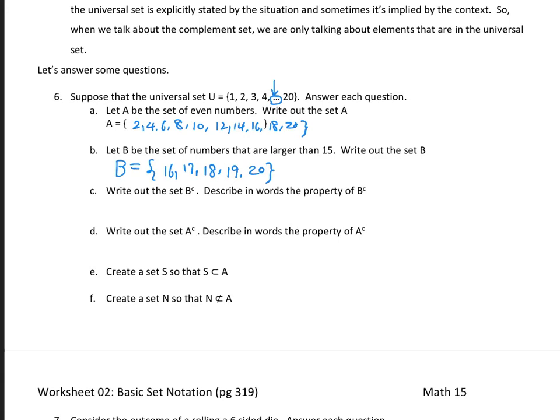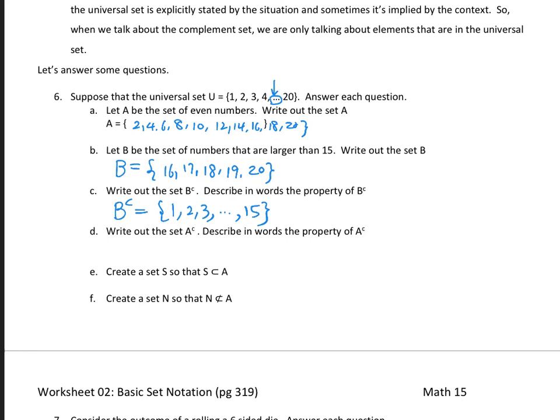Okay, part C says write out the set B complement. Just notice the little C. Our definition of the complement was whatever is not in B out of the universe. So out of 1 through 20, whatever is not in 16, 17, 18, 19, 20 is 1 through 15. So here, that's what I'm going to write: 1, 2, 3, dot dot dot, 15.